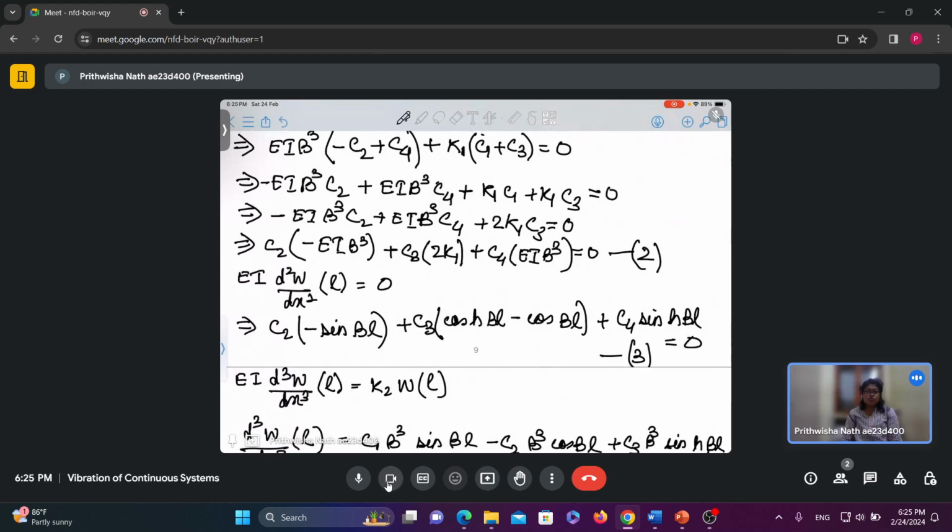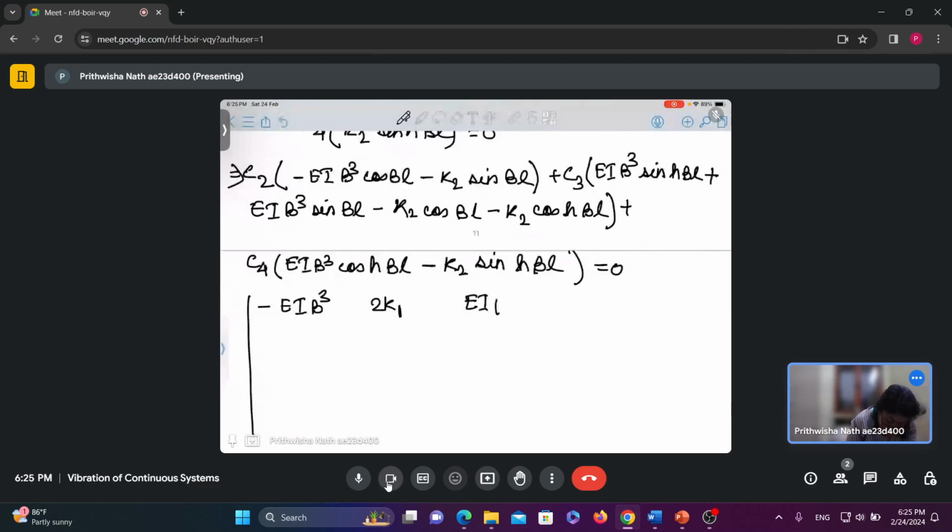Coefficient for C3 is 2k1 and coefficient of C4 is EI beta cube. So I'll write the coefficients for the second equation: minus EI beta cube, 2k1 and EI beta cube.